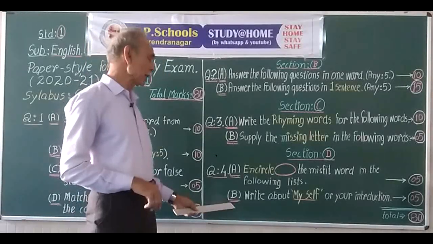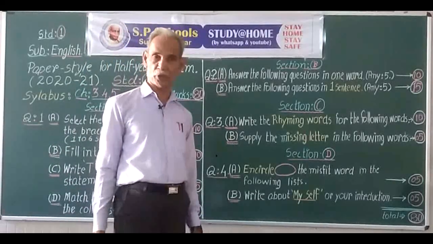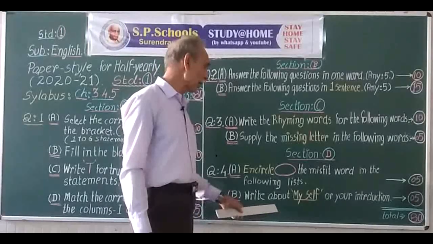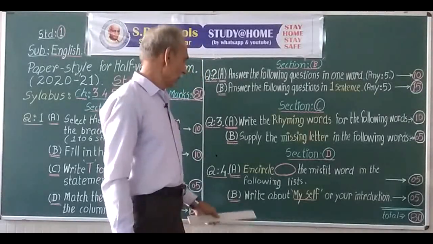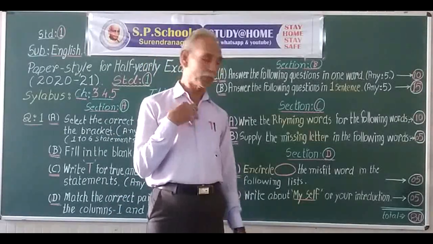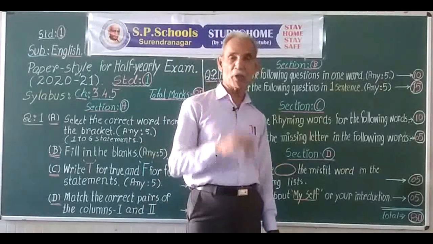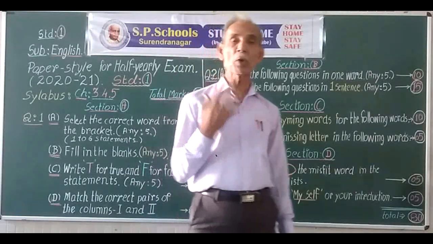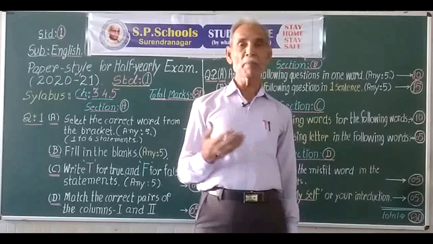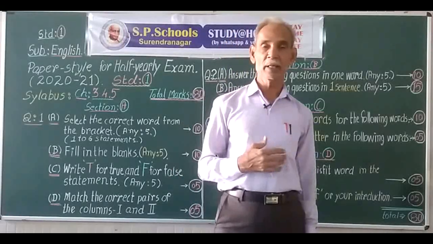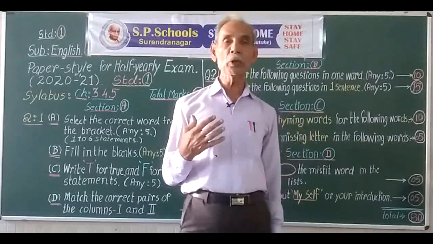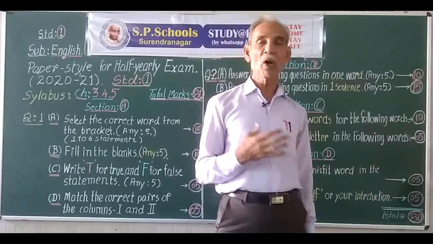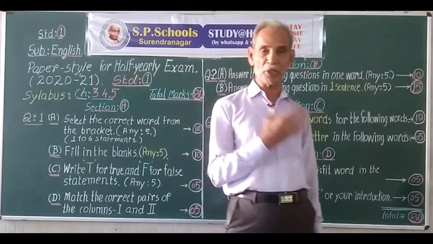Question 4B, the last one but not least, is about writing. Write about myself, or your introduction. Myself means you have to write your name: my name is this and that. Like that, you have to write about yourself or give your introduction.